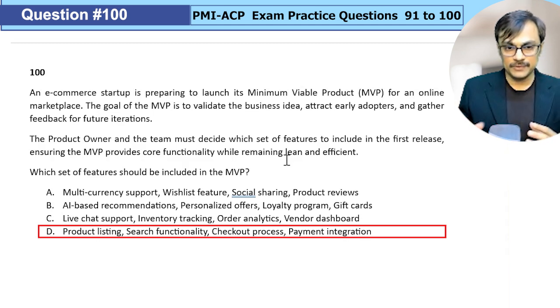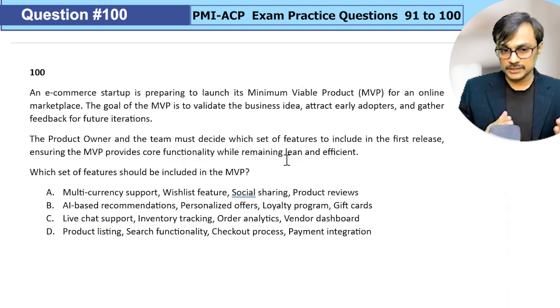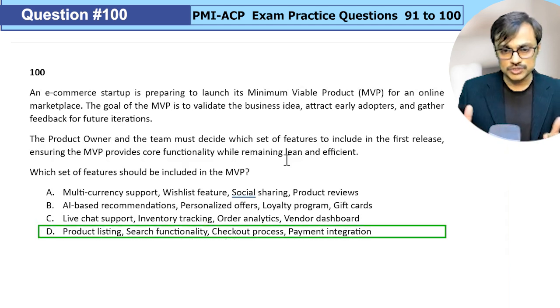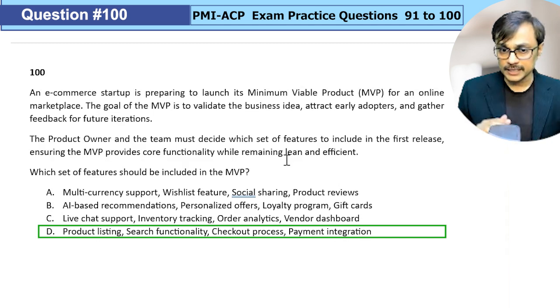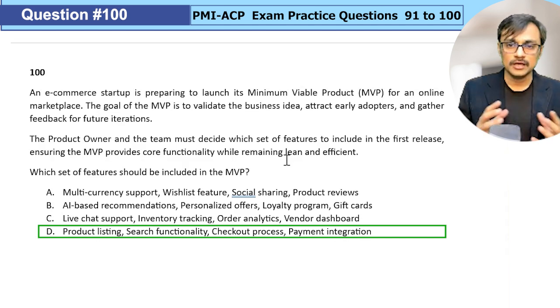I need to have a payment before I can have multi-currency. I need to have a process to check out before I do social sharing. I need to have a product list before I write a product review about it. Reviews and all can come a little later. So with this mindset, I go with option D, understanding this is how the product owner should be thinking while identifying the MVP.